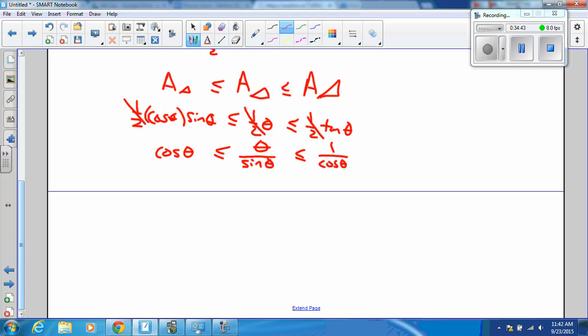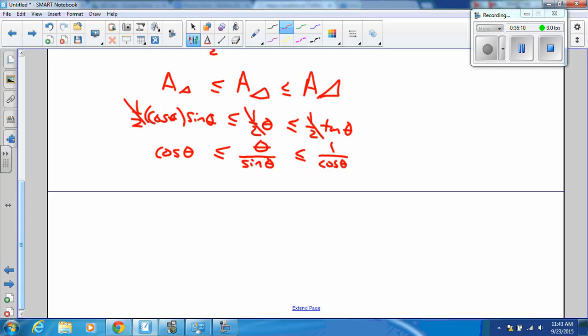Okay. Now, when I divided through by sine, I didn't check something. In order to keep my inequalities the same, what has to be true? Yeah. Theta does not equal 0. Not only does not equal 0, it actually has to be positive. It has to be greater than 0. In which quadrants is sine theta greater than 0?